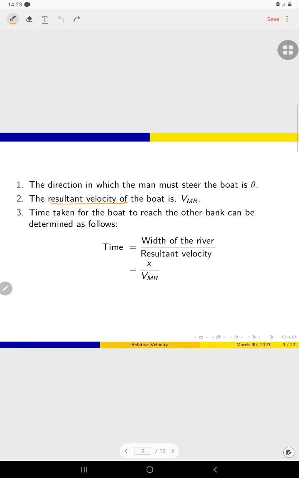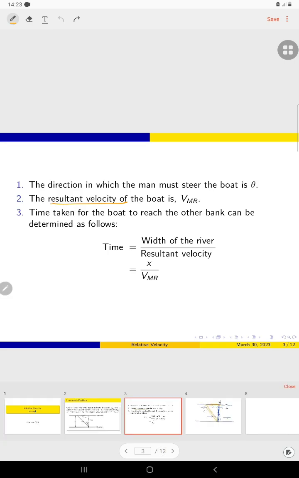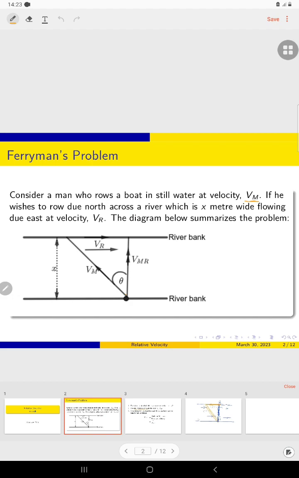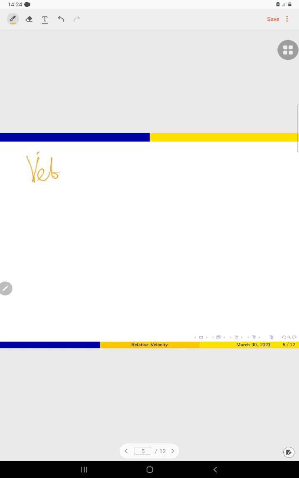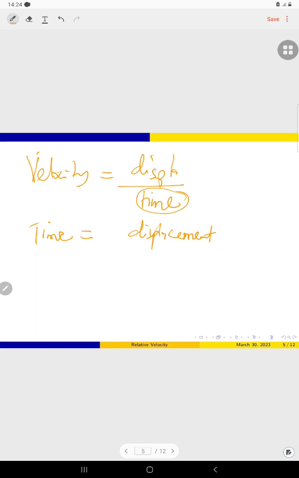Then the time taken for the man to reach the other bank, because we are giving the width of the river as x meters. We know that mathematically, velocity is displacement over time. So if we want to find the time, time is going to be displacement, which in some cases we can say distance, the difference being that displacement is a vector quantity, over velocity.